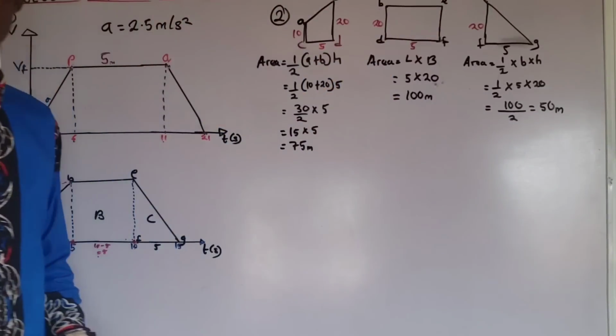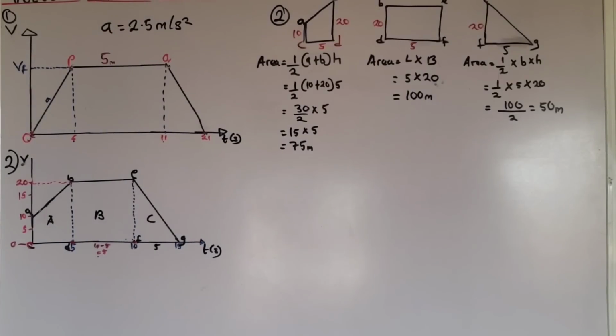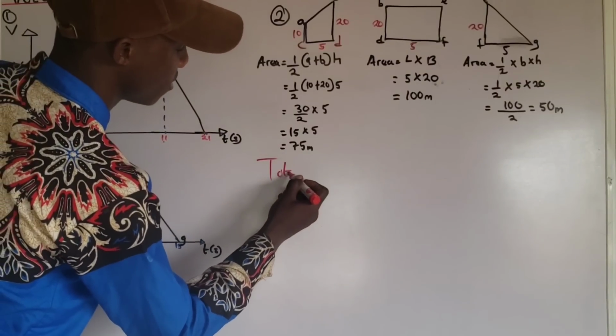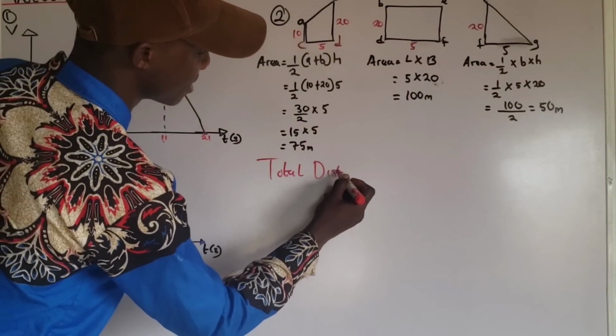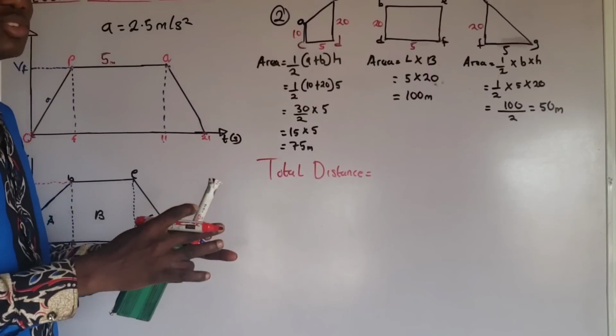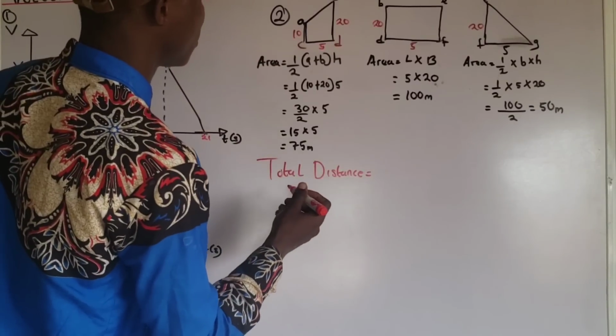Do you understand? Okay, so having gotten the area of all the shapes on the velocity time graph, don't forget the area is also the same thing as the distance. So the total distance is equal to the sum of all the areas.